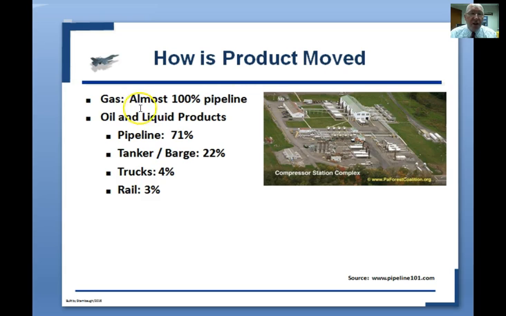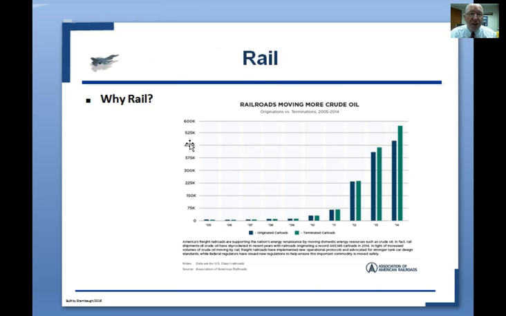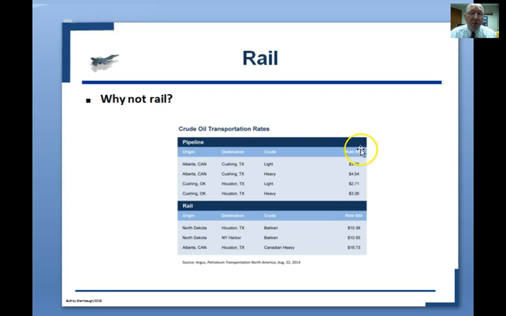Keep in mind that when it comes to transportation, virtually all natural gas is moved by pipeline. It's just too expensive to do it any other way, and pipelines still do move the majority of the crude and the liquefied products. Rail, why did I expect you to remember why we saw the big spike in rail, but also the problems with rail?